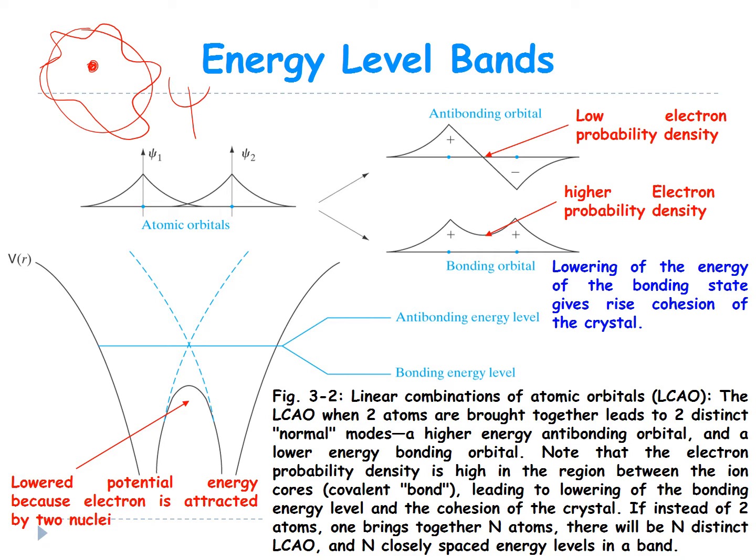So in this diagram here, you have two atoms which are separate from each other. The dot here represents the nucleus of the first atom, and the dot here represents the nucleus of the second atom. And here you have the electron wave function.